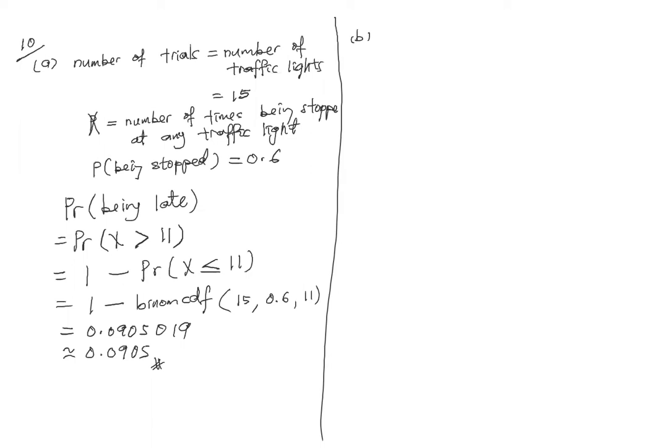Okay, so now, for this one, what is my Y? Okay, now I define different variable. Y is number of days on time for work of a 5-day week.